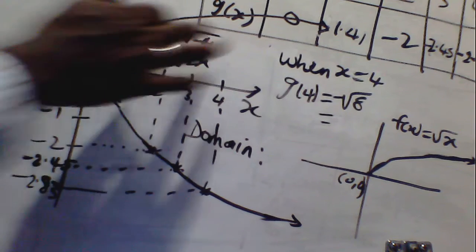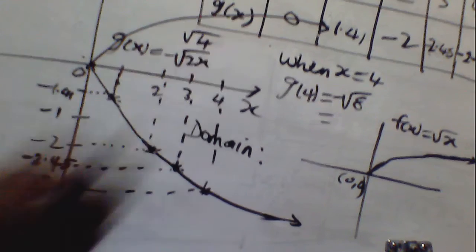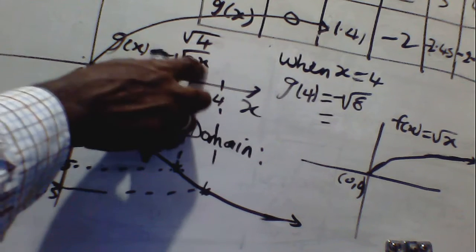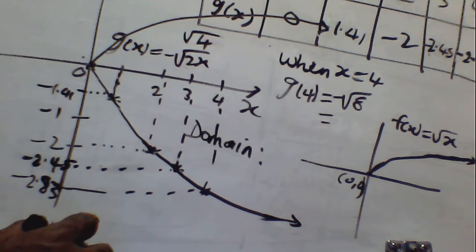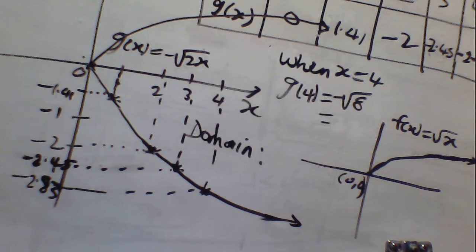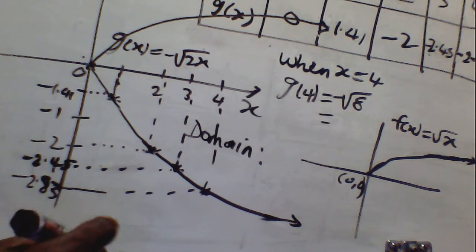Therefore, the radicand of a square root must not be negative. That is 4, here is 2. This x must be non-negative to obey the rule. The radicand of a square root cannot be a negative number. You can't get it here, but based on the rule, the radicand of a square root must be what?